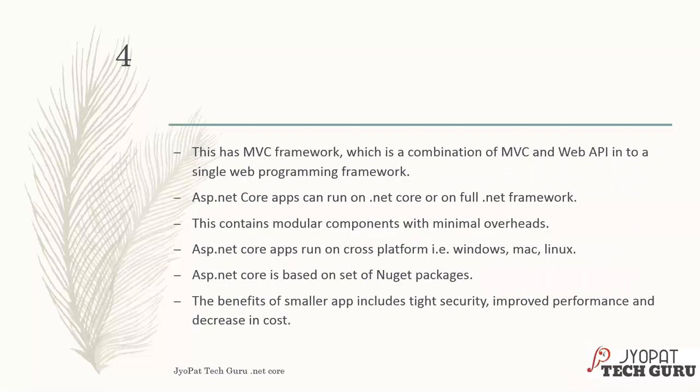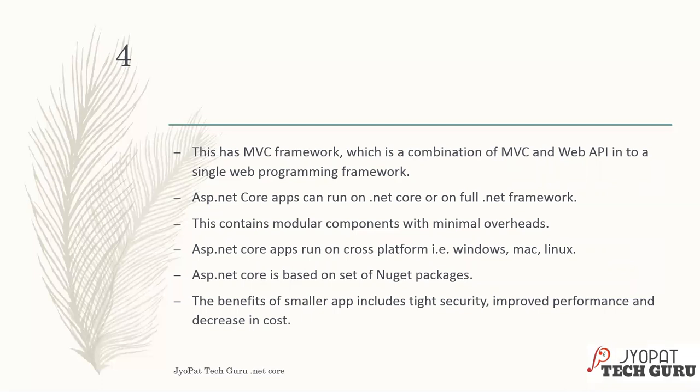This has the MVC framework, which is a combination of MVC and Web API into a single web programming framework. So as far as .NET Core is concerned, it is going to give us the combined effect of both MVC as well as Web API together. ASP.NET Core applications can run on .NET Core or on the full .NET Framework.